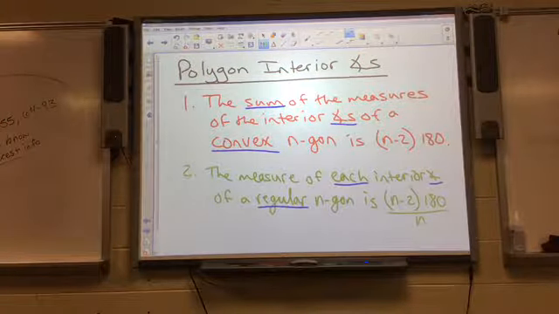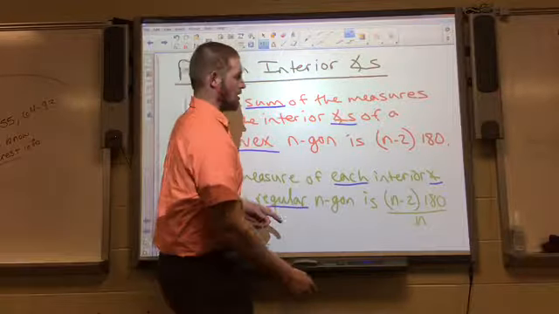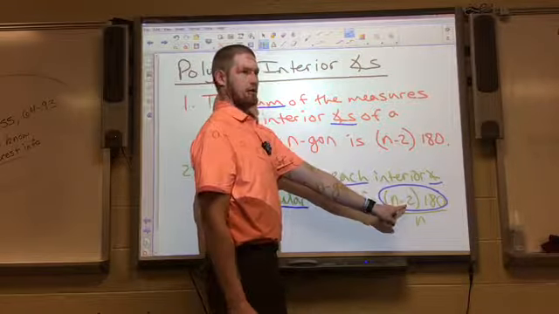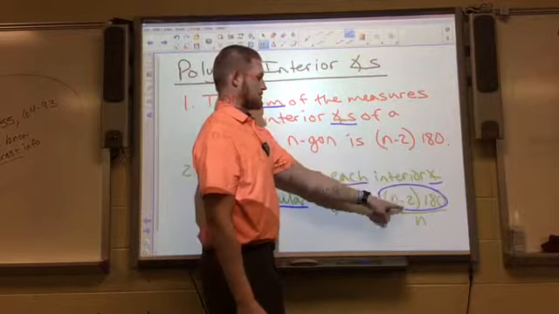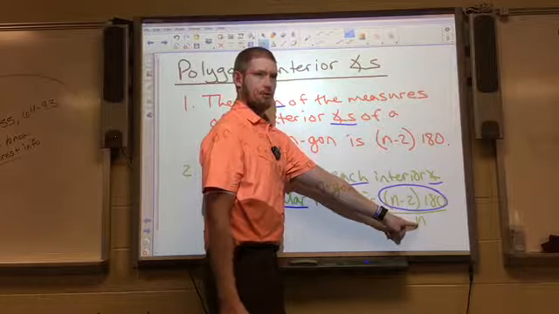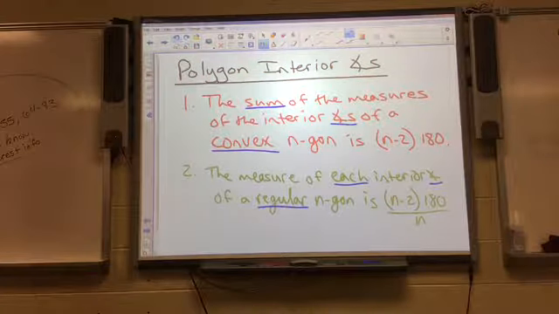No. And the reason for that is because are all the angles going to be the same in an irregular shape? No. But in a regular shape, they're all the same, right? So notice that the first theorem is going to give me all of the angles added together, right? So once I know that, if it's regular, I can just divide it by the number, or how many there is. Okay, so there are your 2 theorems for interior angles of a polygon. We'll do 2 examples here for that.